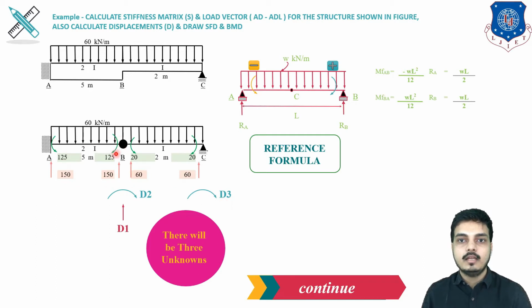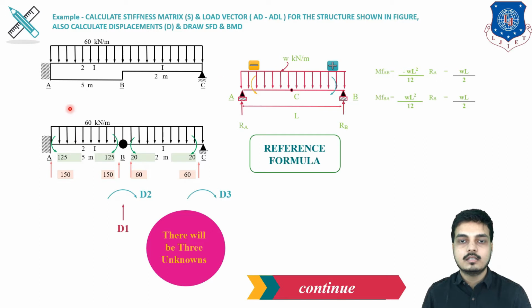Now these are the end moments and their reactions. How to find them? The formula we learned earlier, for UDL, is WL square by 12. So W is 60, length is 5 meter, 5 square is 25, 60 into 25 divided by 12 is 125.